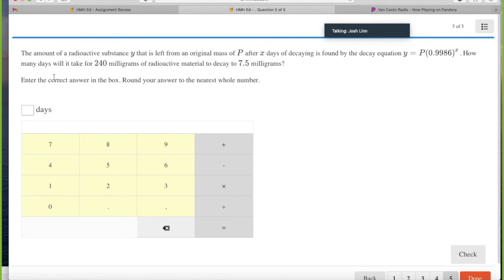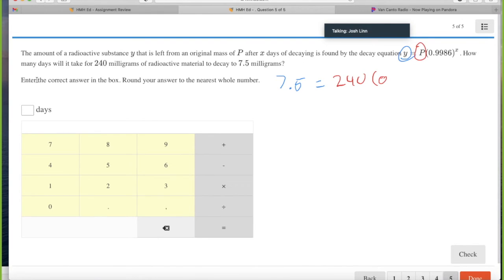Okay, so our original mass is 240, so let's plug the stuff in that we know. And then we're looking for 7.5, so 7.5 got plugged in here. The original mass got plugged in here, which is 240 milligrams of radioactive material.